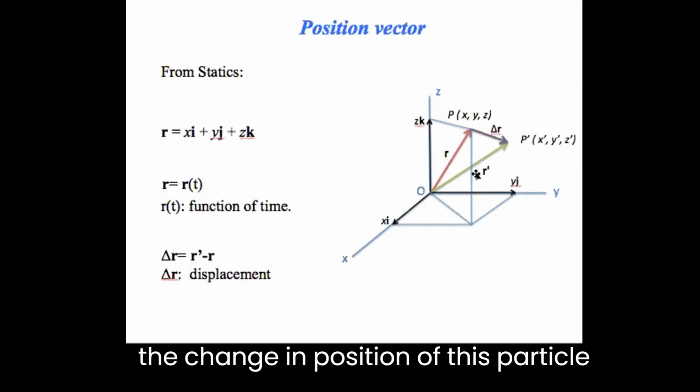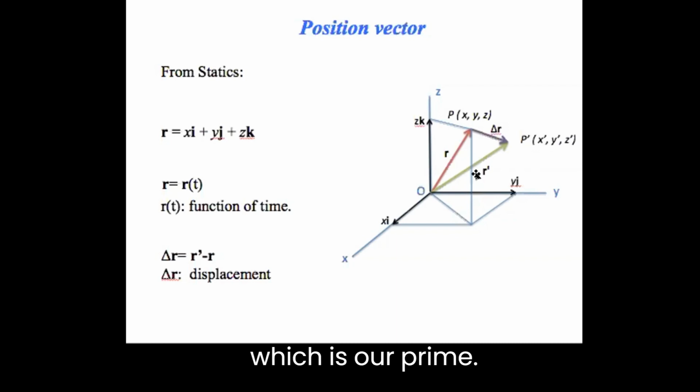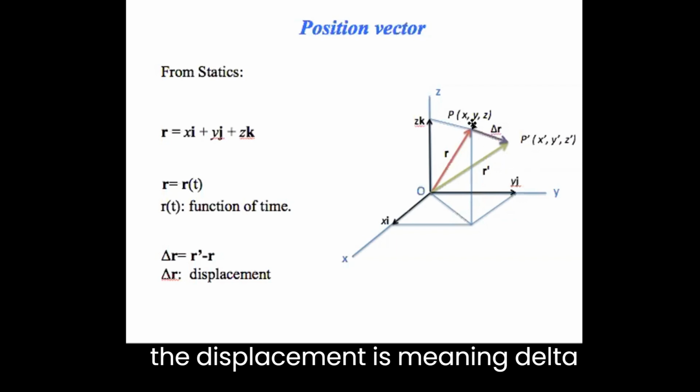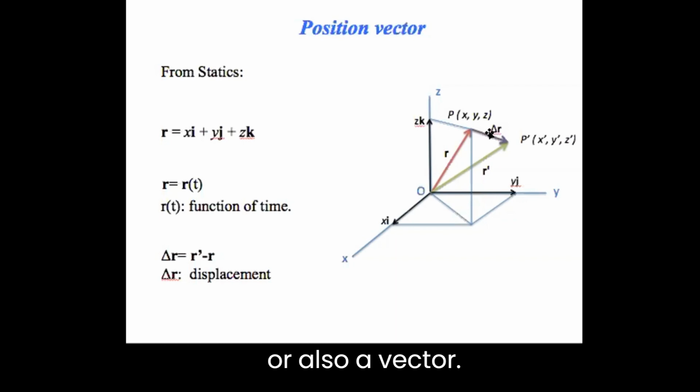The change in position of this particle, which is r prime minus r, is defined as displacement. As you can see, the displacement is delta r, also a vector.